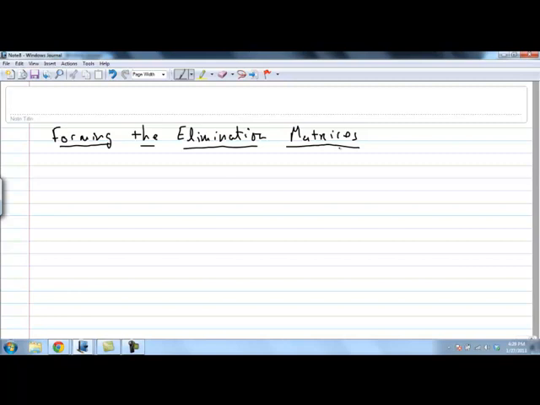And I will demonstrate this using the problems that we worked in the previous lecture where we demonstrated elimination. Our first matrix, the first A matrix that we worked on, I'll rewrite it here.